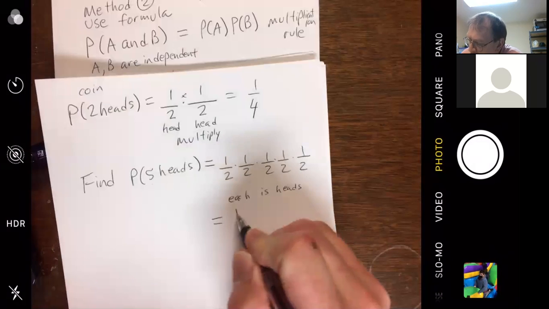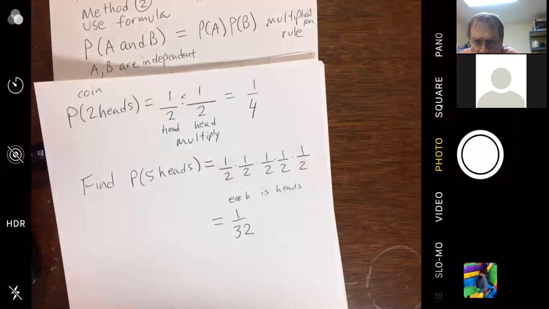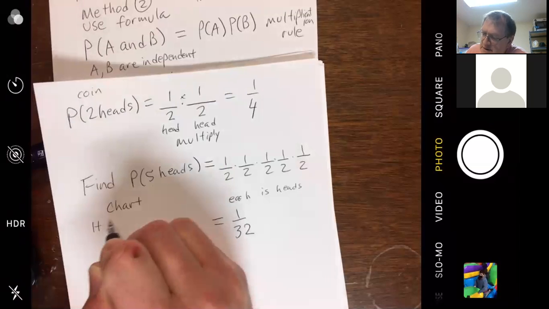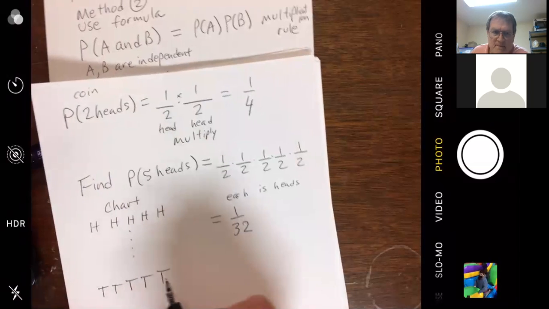So yeah, this is 1/32. You can kind of justify it. I won't draw out the entire chart, but on the chart, you'd have, say, heads, heads, heads, heads, heads. This will go on down and it will finish with tails, tails, tails, tails, tails.